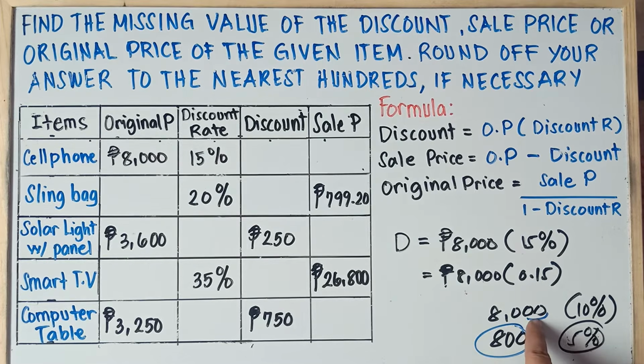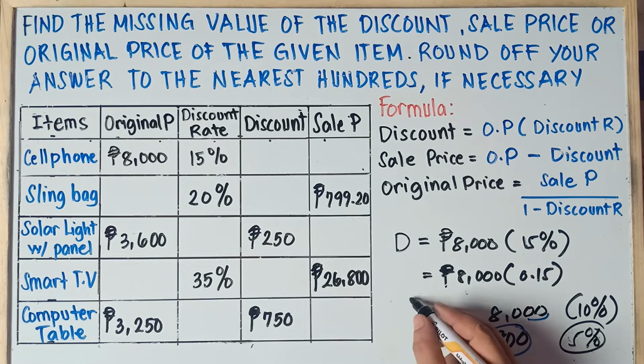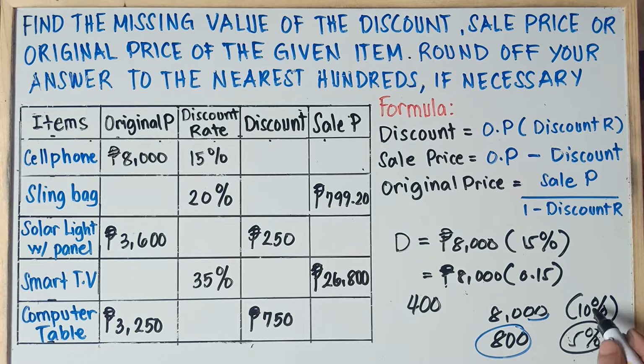That's 400. So 10% plus 5% is 15%. 400 plus 800, the answer is 1,200. Simple as that, class, if you're not using the calculator.